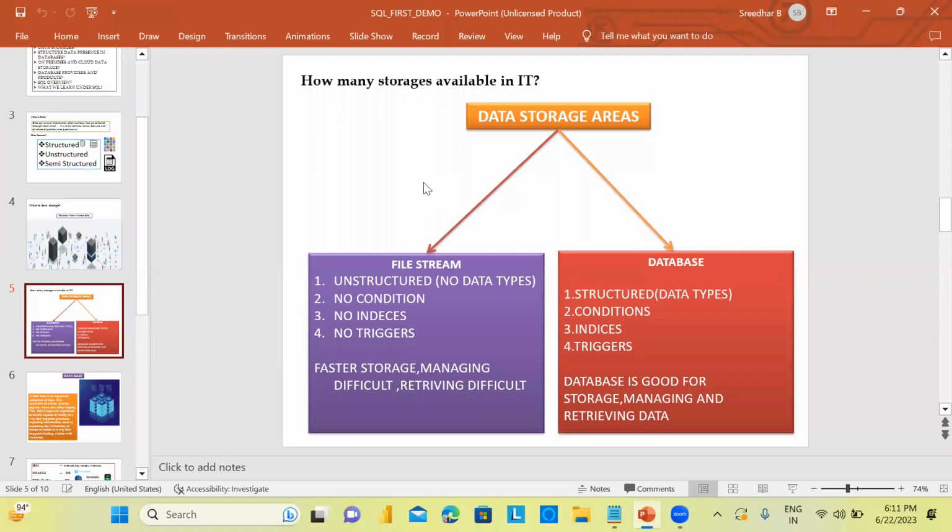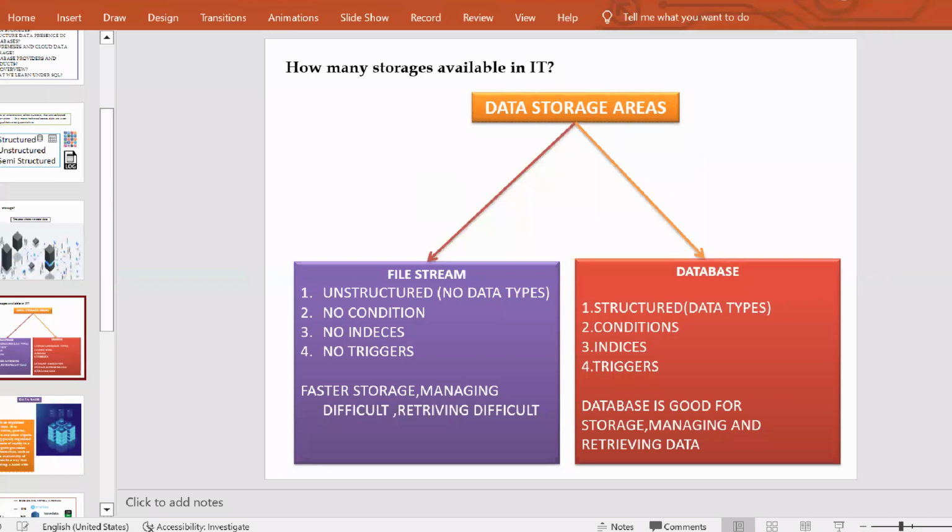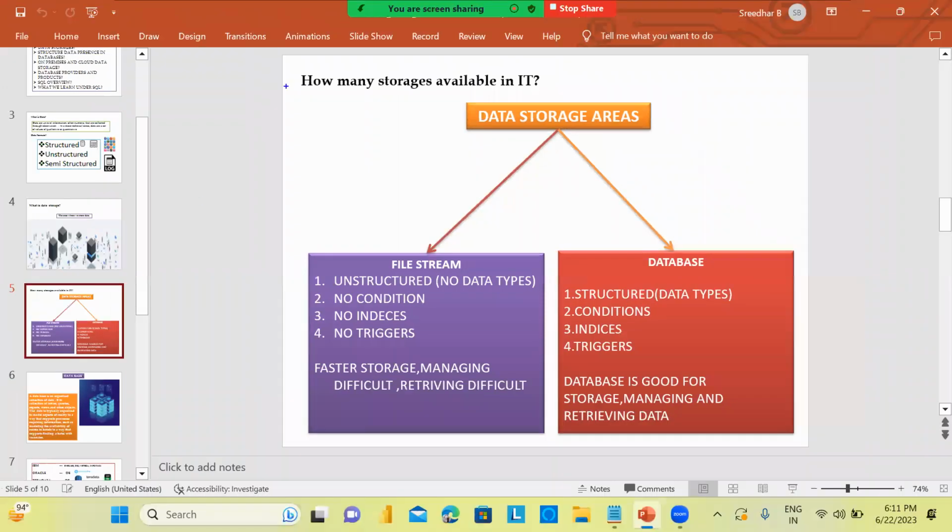But there are disadvantages whenever you store data in files. What are the disadvantages? First one is huge volumes of data, large volumes of data. If it is a simple store, say 2000 records, 3000 records, then we can load an Excel file and manage it.